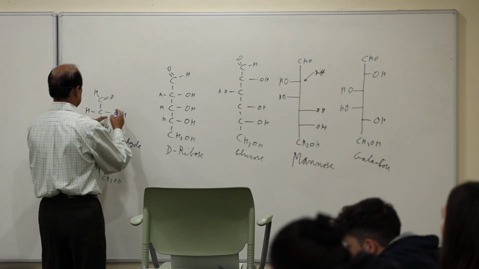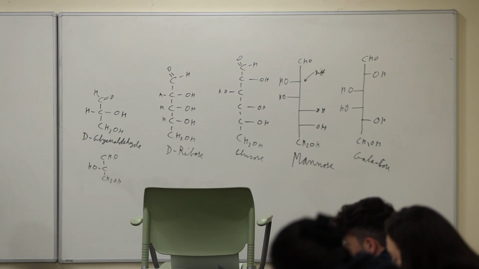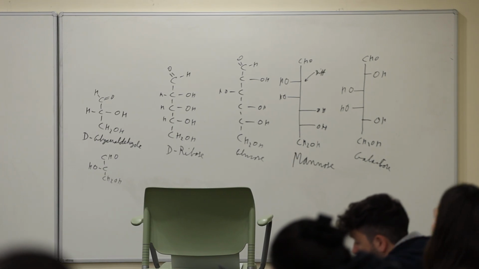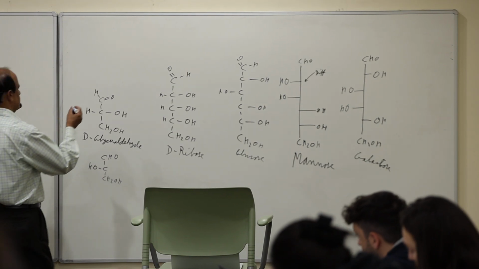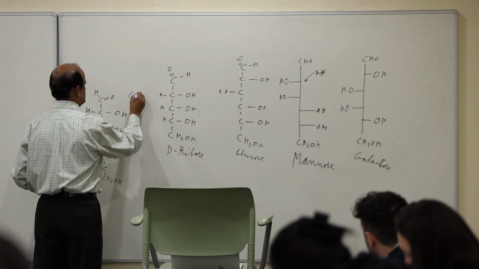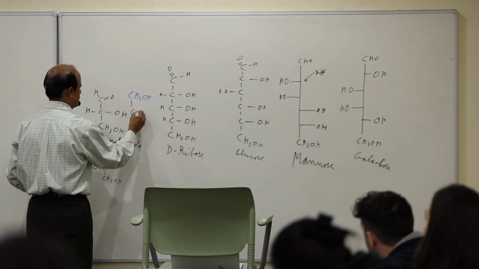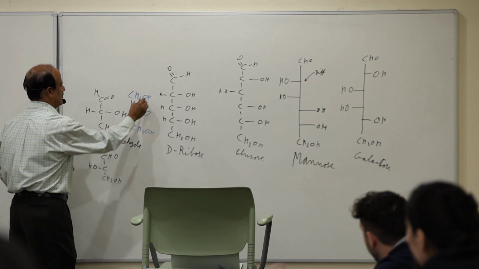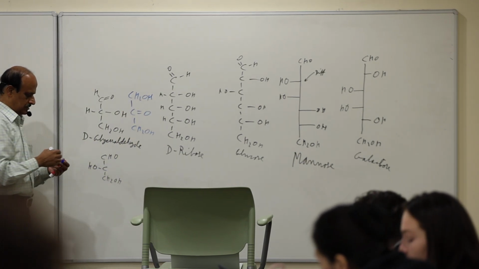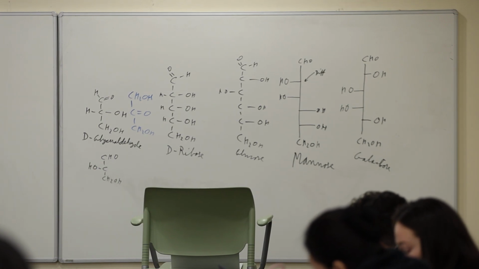So if you have a ketone in this position, this carbon will be CH2OH, this will be the keto group, and then this will be CH2OH. So CH2OH, CO, CH2OH. This is the corresponding ketose of the 3-carbon sugar.